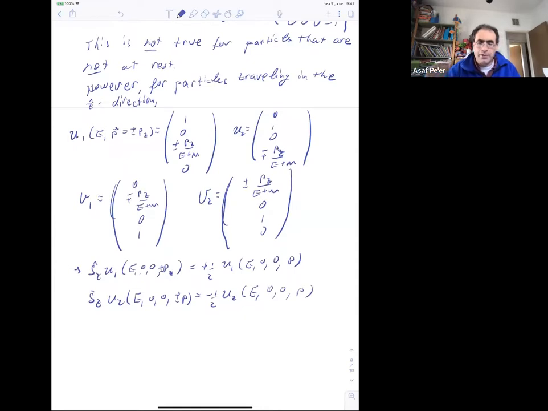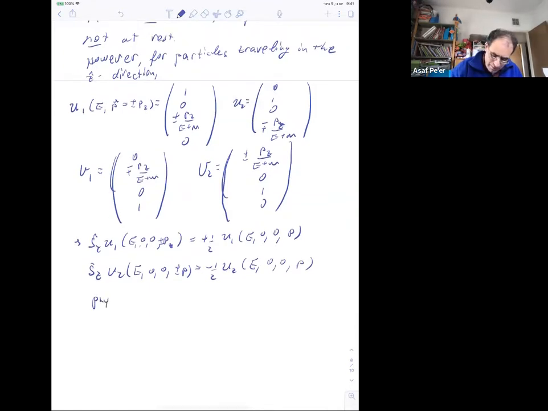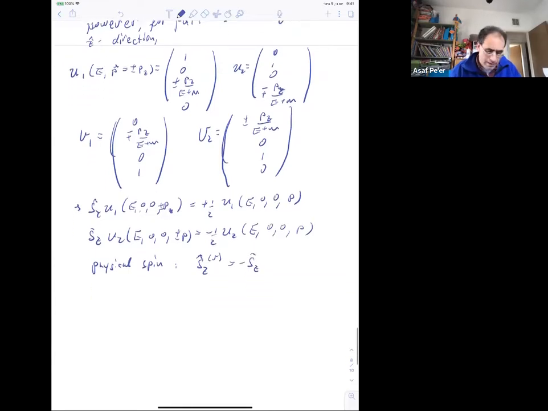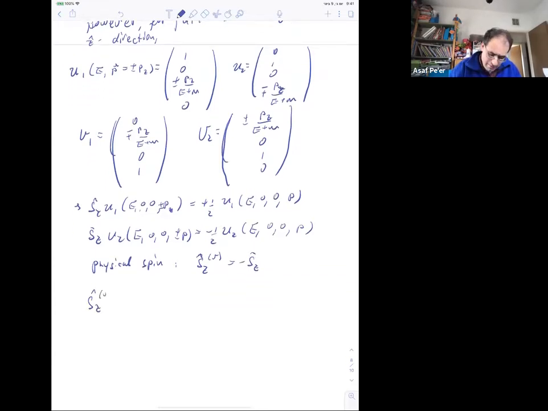And again, for the antiparticles, I look at the physical spin, which we discussed earlier, that S_z physical is minus S_z. And again, we have that S_z physical of v1, for an antiparticle traveling in the z direction, is plus 1/2 v1 of E, 0, 0, p.